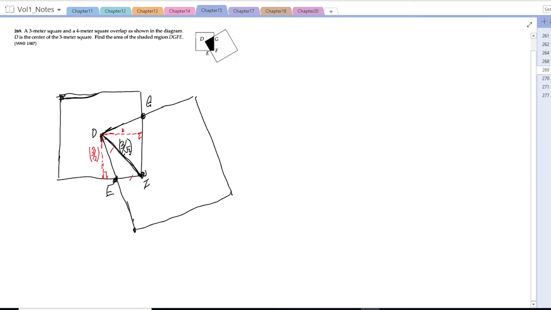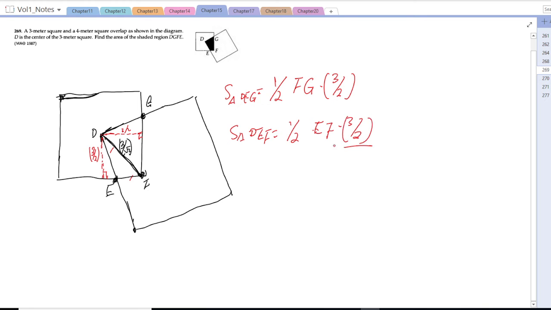And also this is 3 over 2. So the area is a half of the FG times 3 over 2, right? That's the first part, the triangle DFG, and the triangle DEF is equal to half of the EF times 3 over 2, right?